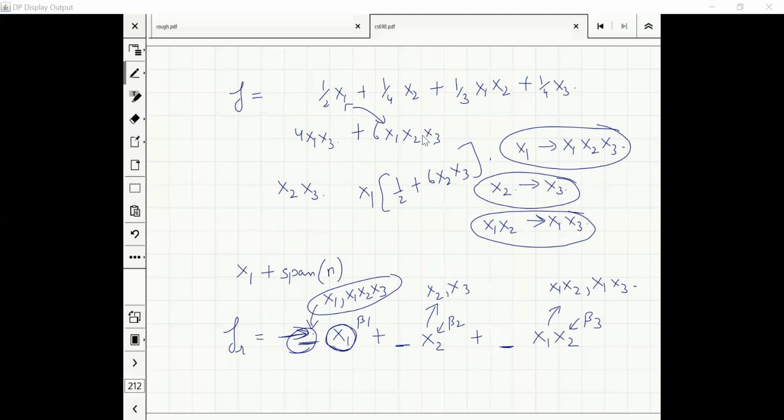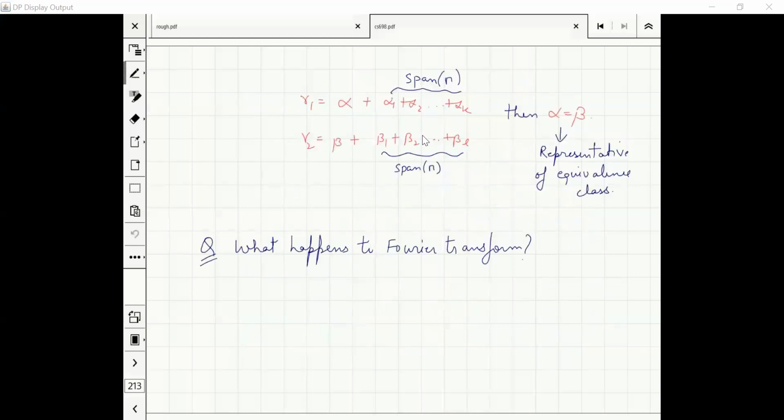So this is my chi of beta 1, and this is p1 of x. What is special about p1 of x? As soon as I fix the value of gamma parities, my p1 of x will become constant. Very nice.